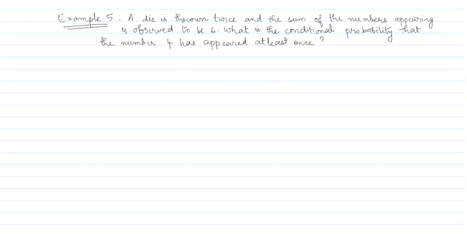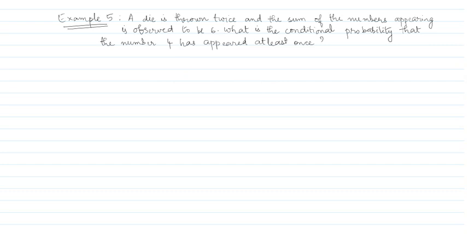A die is thrown twice, and the sum of the numbers appearing is observed to be 6. Now you are asked to evaluate the conditional probability that the number 4 has appeared at least once. So, how many elements do you expect in your sample space? A die is thrown twice, right?